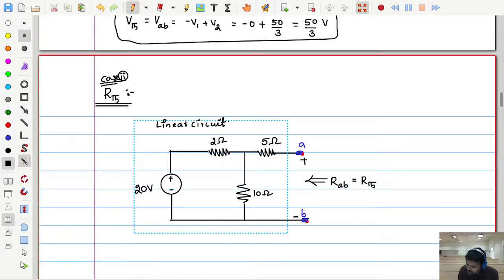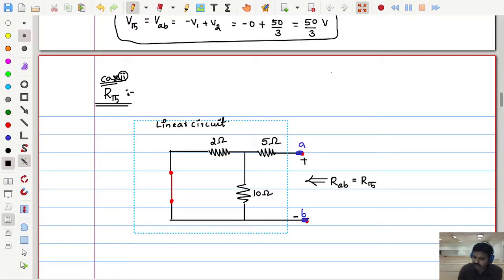What change we need to make in the circuit is that we need to remove all active elements. We know how to make the source 0. If there is any voltage source, you replace it with a short circuit. If there is any current source, we replace it with an open circuit.